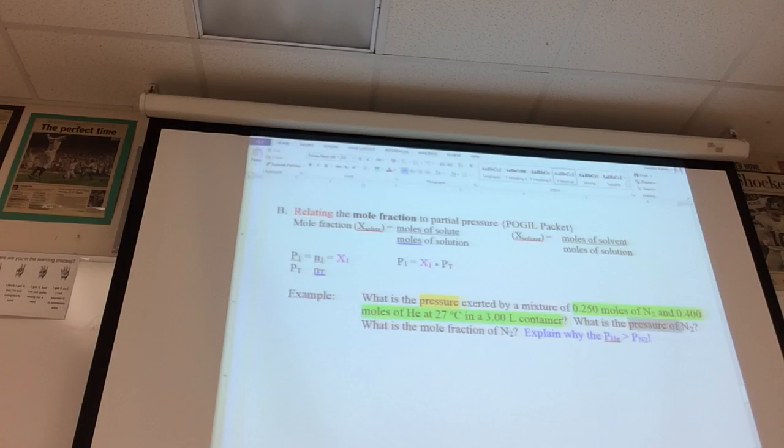Then you want to know the partial pressure of nitrogen gas. They're asking for the mole fraction of nitrogen gas. And then ultimately you want to be able to explain why the pressure of one gas is greater than the pressure of the other gas, and why. So let's take a look at all of these pieces that we can approach here.